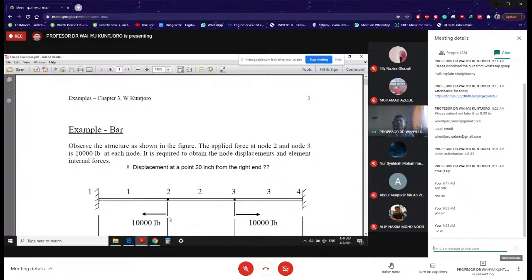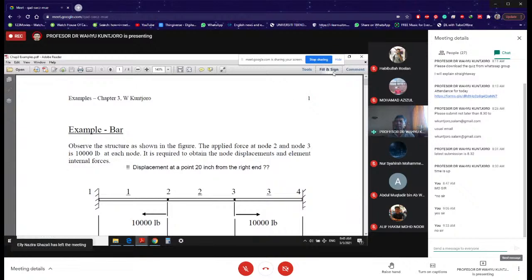On your test, when we are talking about bar, of course, I'm going to test you on bar. I'm going to test you on frame, and I'm going to test you on truss. So you are going to do a calculation. But of course, I'm not going to give you the finite element model. I'm going to give you the structure. So let's say you have this finite element model, okay?